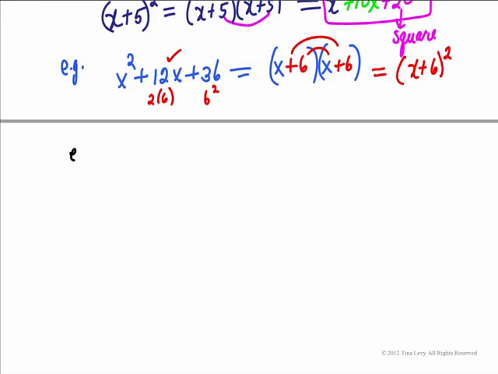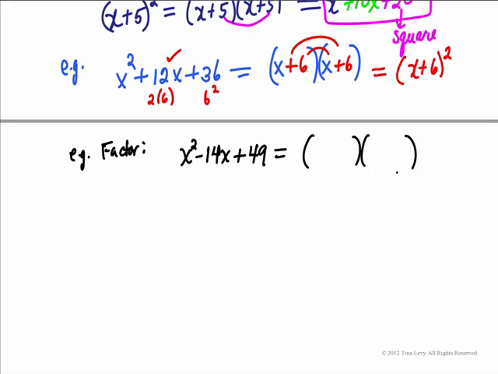We'll go on and do another one. Suppose I wanted you to factor the perfect square trinomial x squared minus 14x plus 49. The only way we can get x squared is with the x, but it's called a perfect square trinomial.